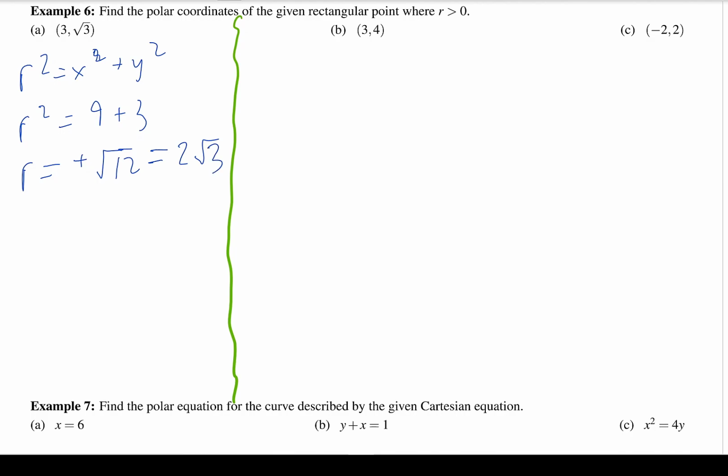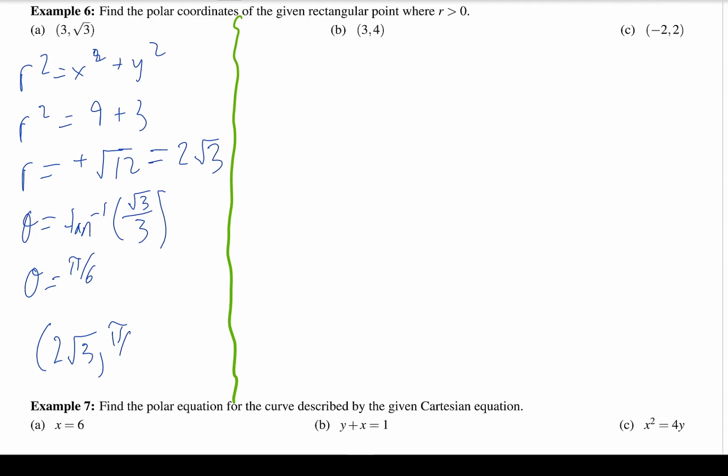Then the next thing we know is that theta is supposed to be equal to tan inverse of y over x. So this is tan inverse of square root 3 over 3. And so then looking at the unit circle, we know that theta is going to be equal to pi over 6. So that tells me that my point is going to be (2 root 3, pi over 6).